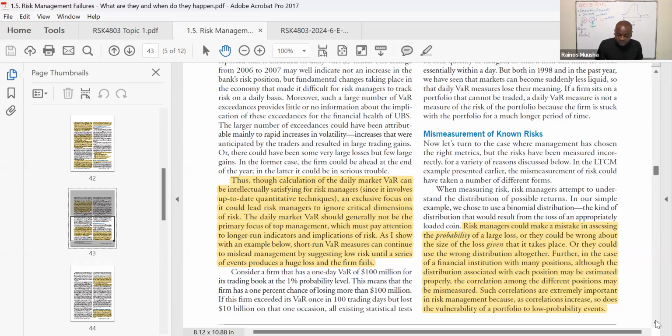So the daily market value at risk should generally not be the primary focus of top management, which must pay attention to longer run indicators and implications of risks.